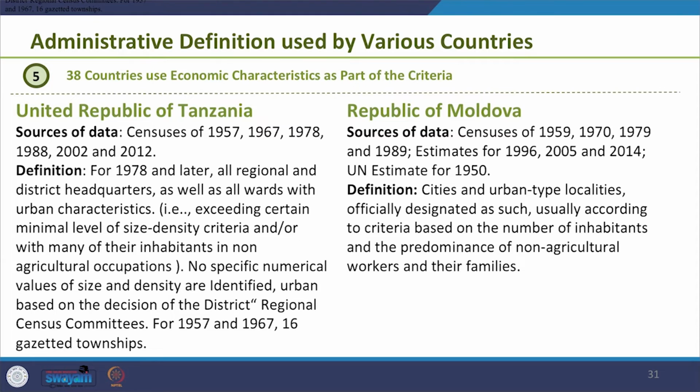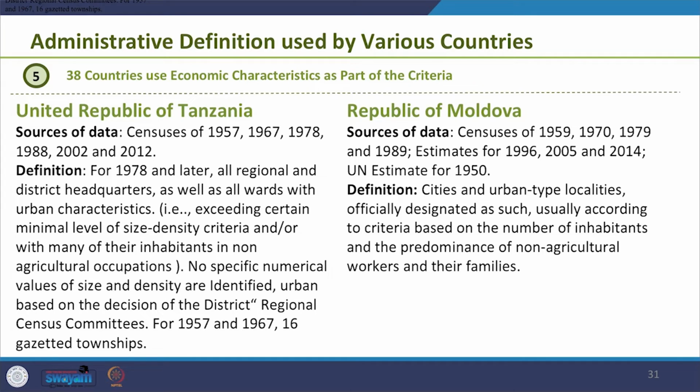Further, the study also shows that 38 countries or areas use economic characteristics as part of the criteria. Here we see the United Republic of Tanzania. I'll just read out the definition to you.